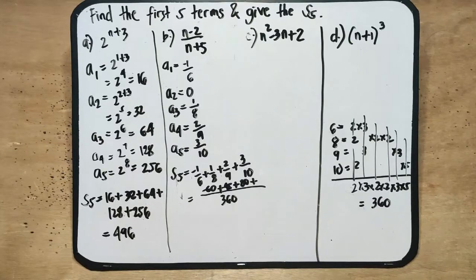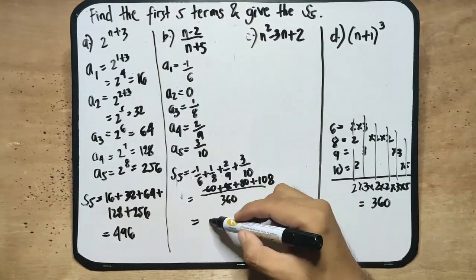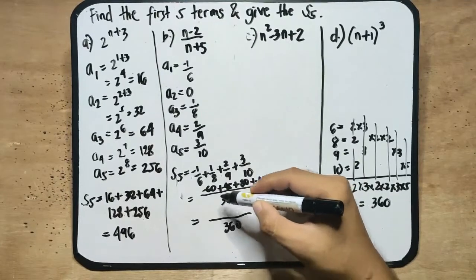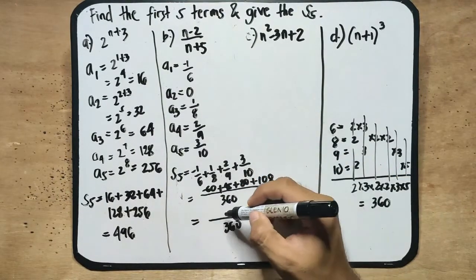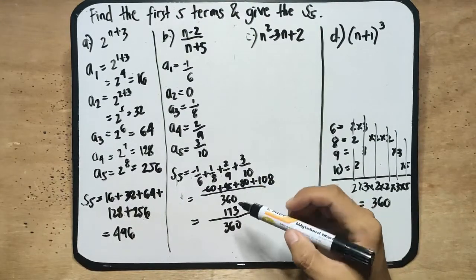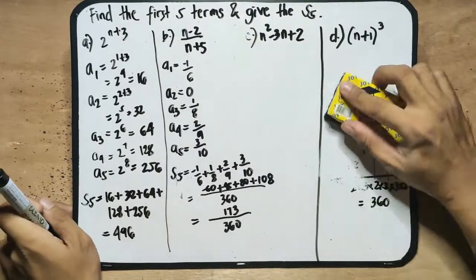Times 3, we have 108. So adding the terms in the numerator, we have 173 all over 360. So that is the sum of the first 5 terms of the example item B. So I'll just erase this.